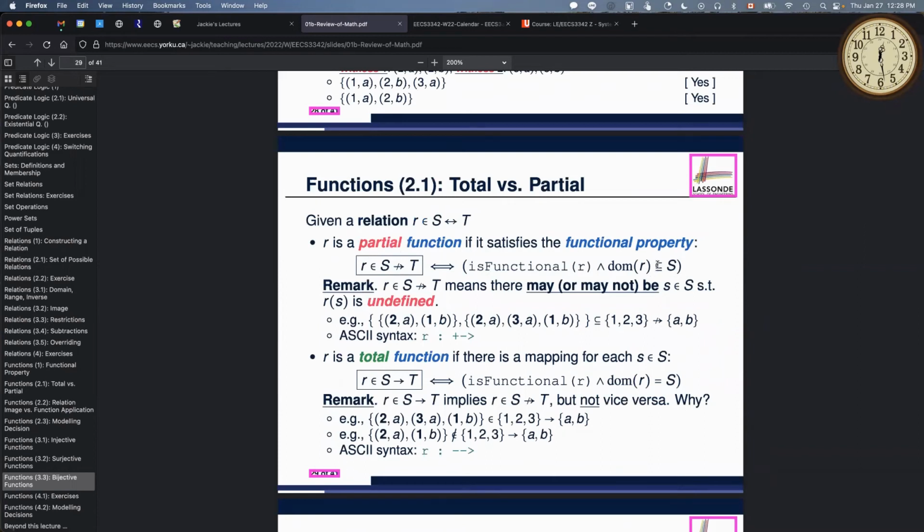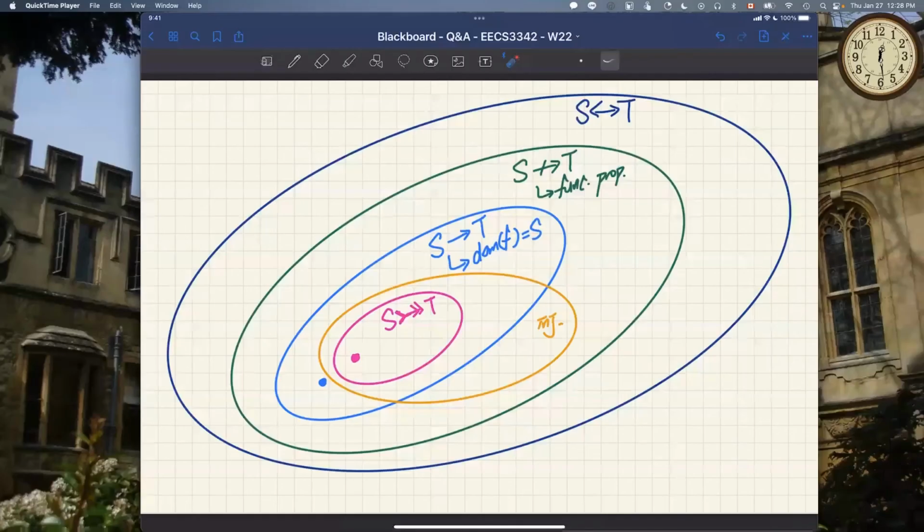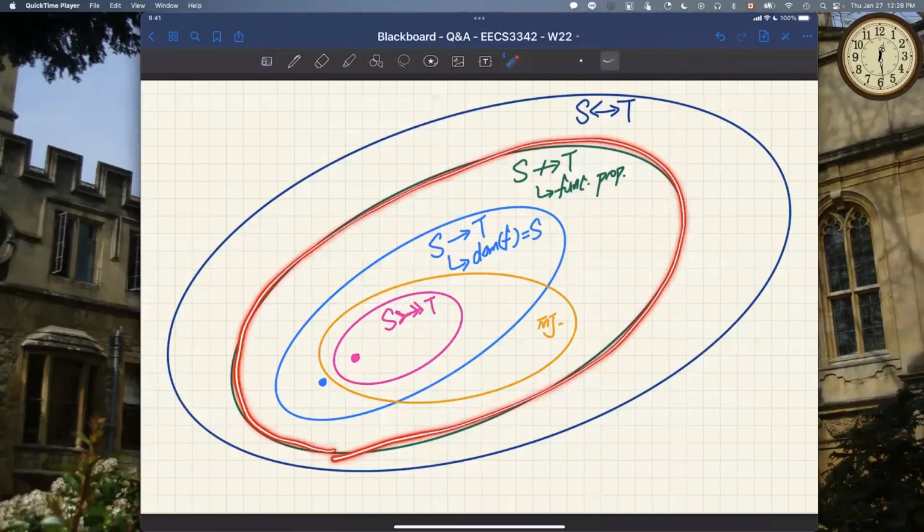So it can either be a proper subset or simply equal to S. In the case of the total function, we are only allowing the special case where the domain is exactly equal to the first set, right? That's why when we visualize the set, you will see the partial function is over here, and only those whose domain is actually equal to the first set will be considered as total function, right? They kind of correspond to the formal definition.